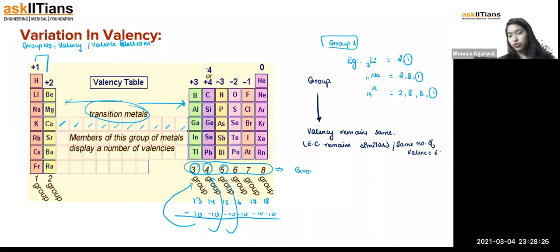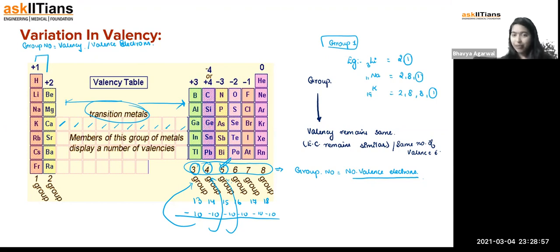So here the group numbers, in a nutshell, are representing the number of valence electrons. So once you know the valence electrons, I think it will be easy for you to identify the valency. Right? So if the valence electron is 5, the valency will be 3, that is 8 minus 5. And basically it will be gain of electrons.